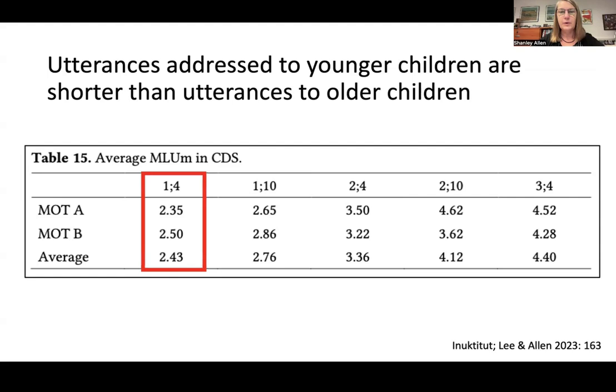And we see the means for the MLU at each of the ages. What I want you to notice here is that at 1 year, 4 months, we see that the mothers in their child-directed speech have an average of 2.43 morphemes, and at 3 years, 4 months, an average of 4.4 morphemes, and it increases gradually across time.